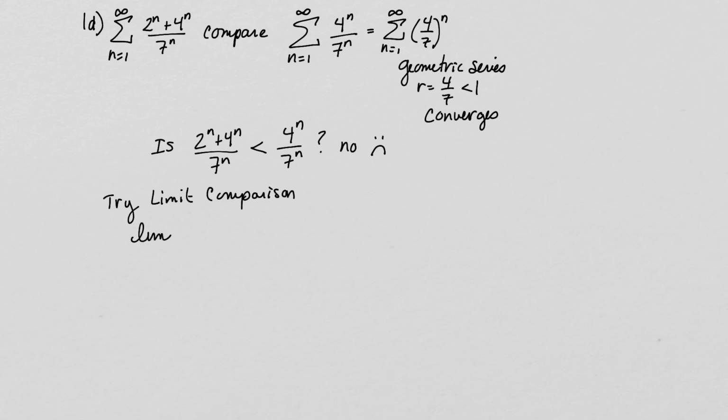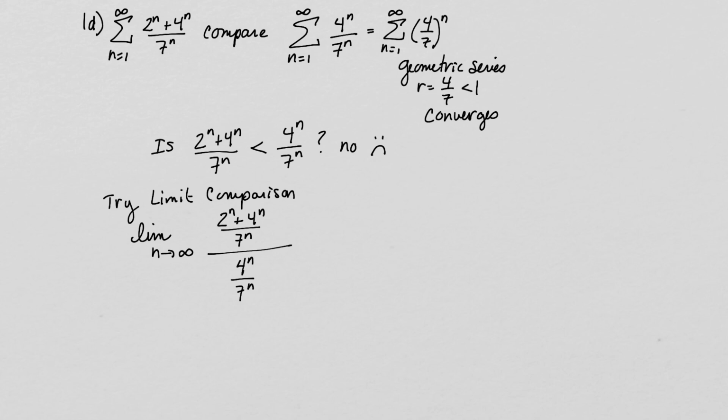So we could try the limit comparison. We could look at the limit as n approaches infinity. So remember, it's the original, so 2 to the n plus 4 to the n over 7 to the n, divided by 4 to the n over 7 to the n. Right?